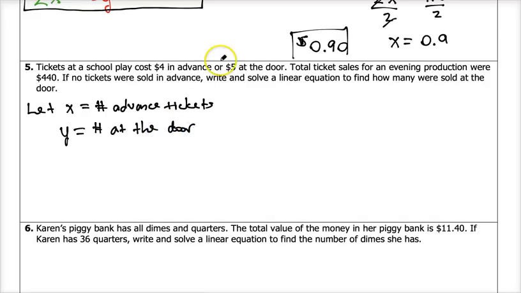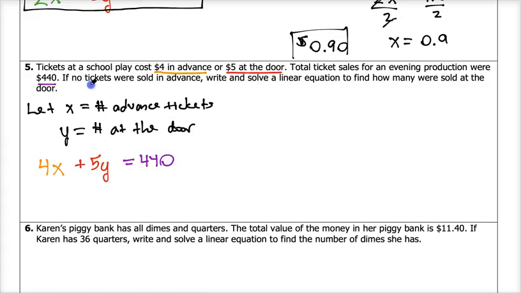Okay, we know it costs $4 for advance tickets, so 4 times the number sold, 4x, would be the total for advance tickets. $5 at the door, so add 5y, 5 times the number at the door, and you get the total ticket sales. Total ticket sales we know was $440. So this is our equation right here.